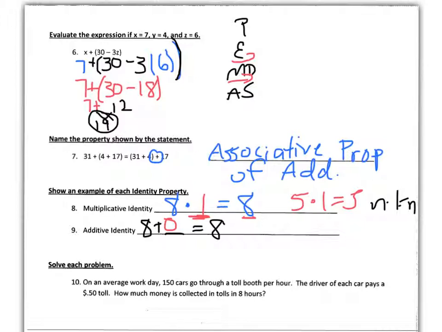So that's the additive identity. It says if I add 0 to any number or variable, I'm still going to get that same number or variable I started with. So I could show it with letters by going n plus 0 equals n. Or again, I could use another number like 4. 4 plus 0 equals 4. So that'd be the additive identity.